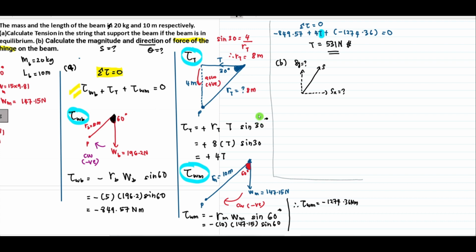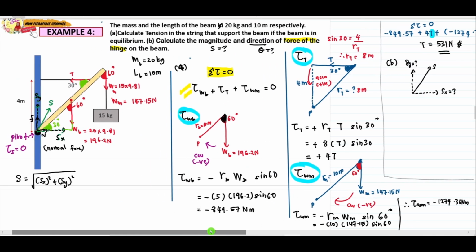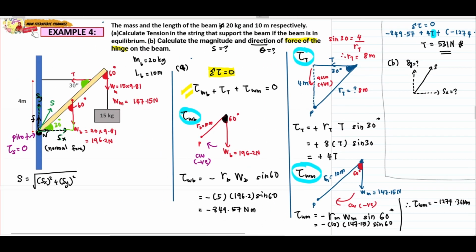Okay. Tengok pada free body diagram kita. Kita patah balik kepada free body diagram kita ni. Okay, kita boleh tulislah. Total Fx is equal to 0. Kan? So, ada dua saja force in X component. Iaitu Sx dan T. T ke kiri, Sx ke kanan. And then, total Fy also equal to 0.